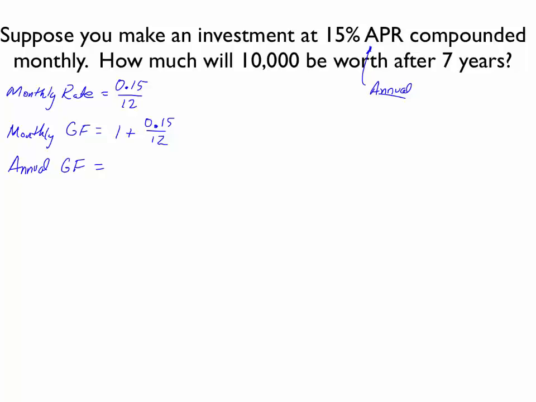Yeah, to the 12th, because over the course of the year, you will multiply by that monthly growth factor 12 times. 1 plus 0.15 divided by 12, times that every month, so that over a year you will have multiplied by it 12 times.